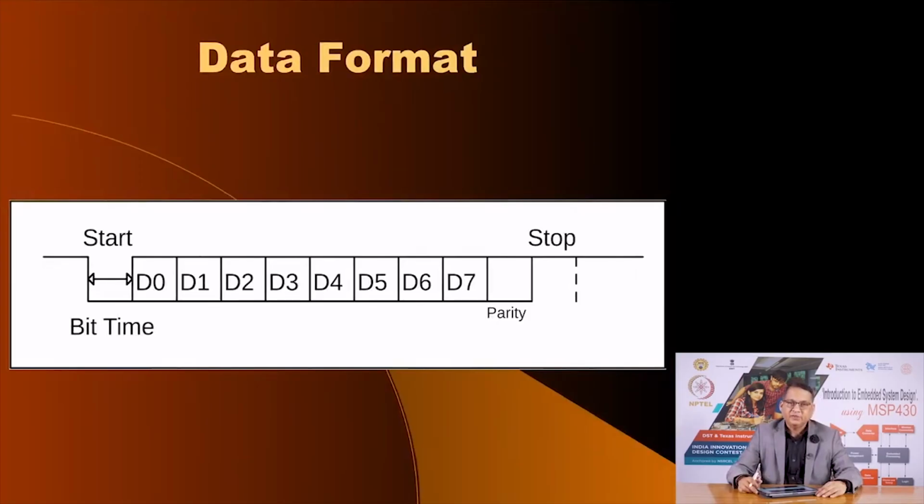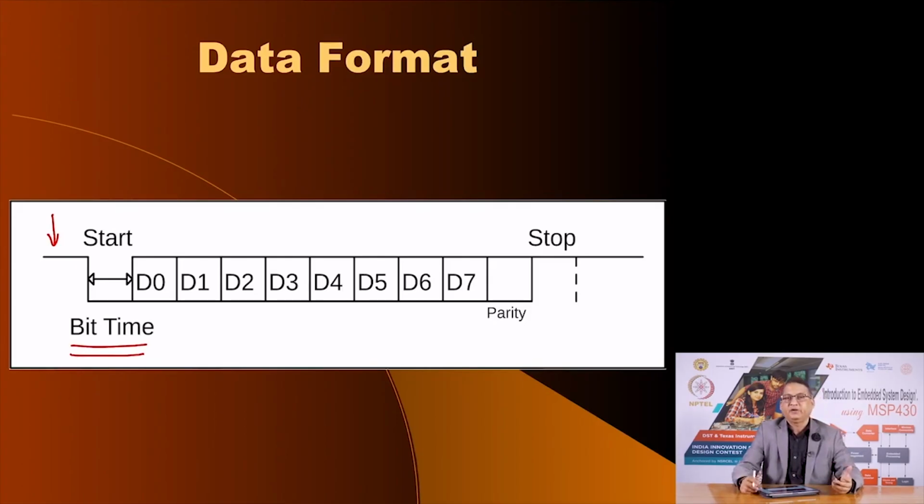Now, when you transmit the data, as I mentioned, at the beginning of the transmission, the logic on your output pin is logic 1, and when the device is ready to transmit, it will take the TXD pin low for a certain amount of time equal to bit time.